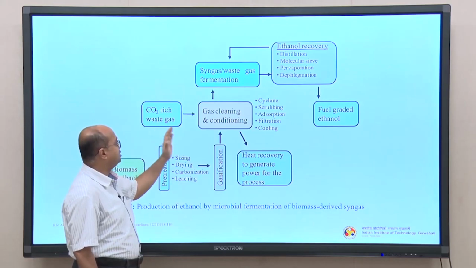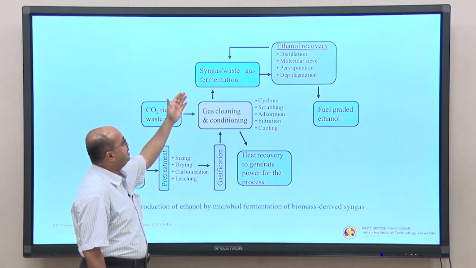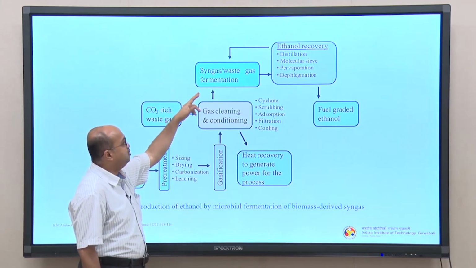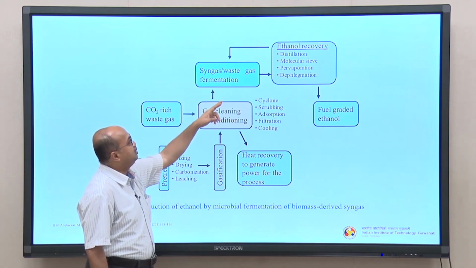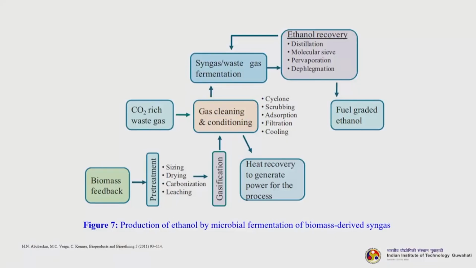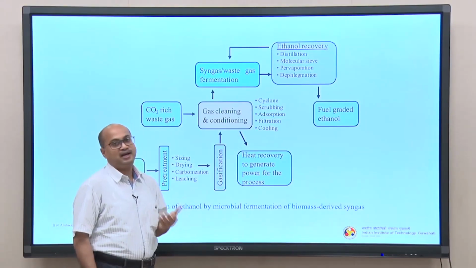Carbon dioxide rich waste gas may be supplied for cleaning purposes. Then the syngas or waste gas goes to fermentation, here in the fermenter. Then you do the ethanol recovery, and part of the ethanol can be fed back. Then comes the downstream processing part, distillation and other processing to get fuel grade ethanol.